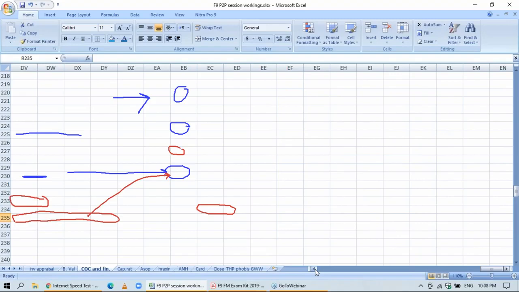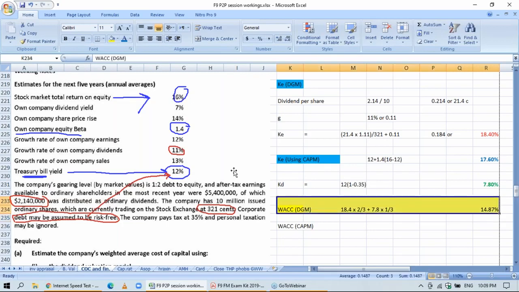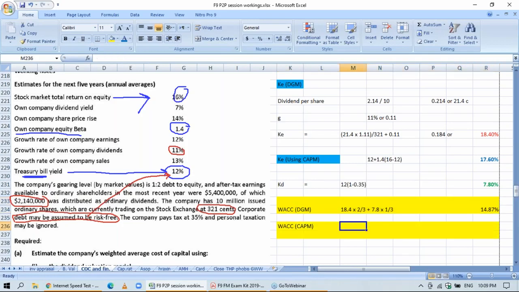So WACC using the dividend growth model is 14.87, and then WACC using the CAPM, capital asset pricing model. So using the capital asset pricing model, 17.6% is the cost of equity multiplied by 2 divided by 3, and then cost of debt is 7.8 multiplied by 1 divided by 3.